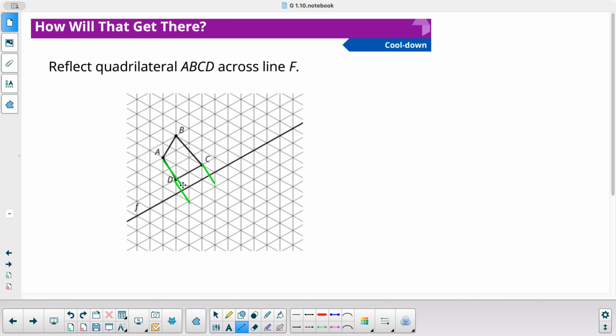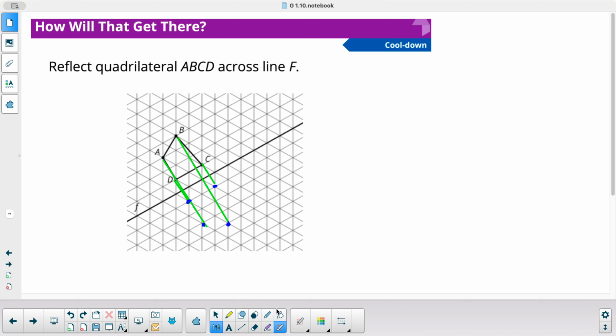So this is 1, 2, 3, 1, 2, 3. This is 1, 2, 3, 4, 1, 2, 3, 4. So these are all my points here. So this one was here. This one was here. Man, that's sloppy.